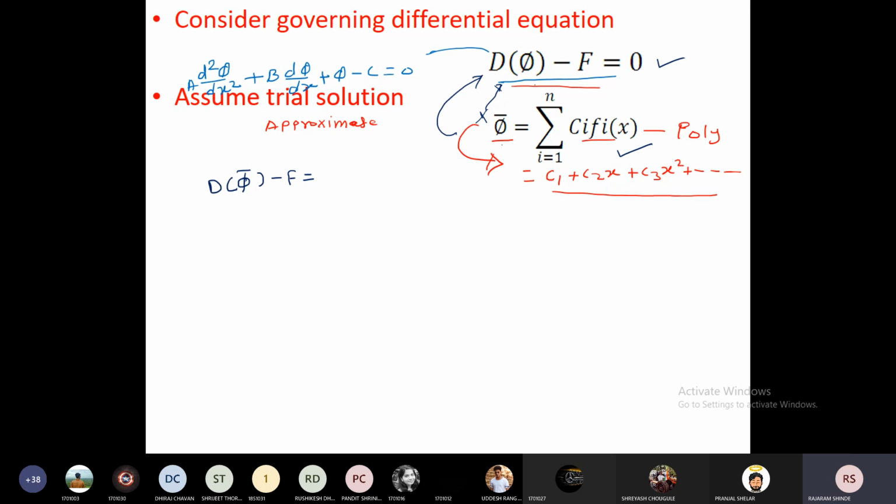Shreyas Choule, can I get 0 on the right side? Shreyas? Yes or no? Yes, if you have doubt, you can ask me. I will repeat again if you have doubt.